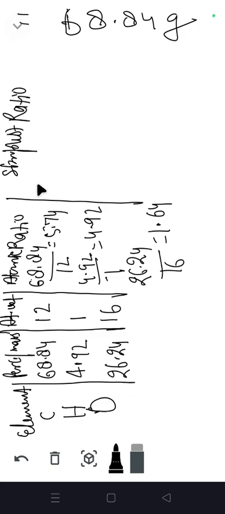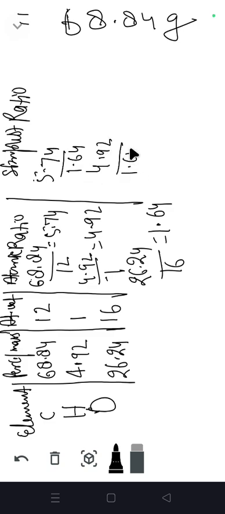To calculate the simplest ratio, we divide all the values by the smallest value among them. The smallest value of gram atoms, that is atomic ratio, is 1.64. So we will divide all the values by 1.64. So 5.74 upon 1.64, 4.92 upon 1.64, 1.64 upon 1.64.